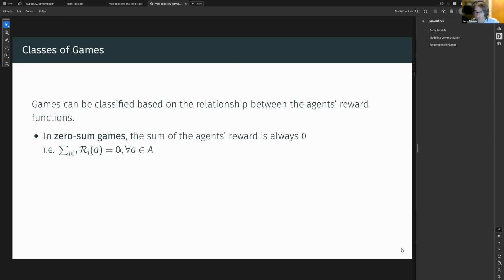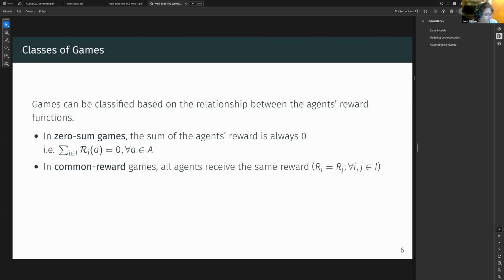That's always the outcome, and the reward structure would be 1 and -1. That would produce a sum of 0 in all of the different cases. There are only 2 cases for that: it's either 1, -1, or -1, 1. But you could also have more elaborate zero-sum games as long as this is true.